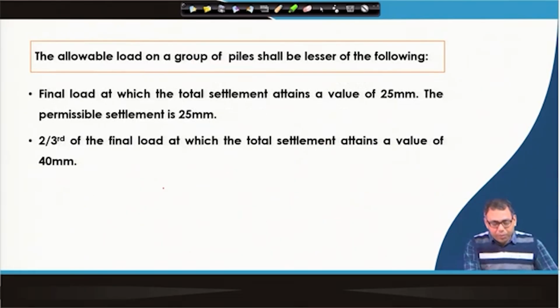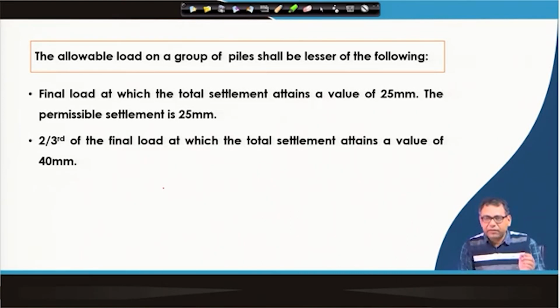Now for the group pile, the criterion is the final load at which total settlement attains a value of 25 millimeter. If nothing is specified, then 25 millimeter is the permissible settlement for the group pile, or 2/3 of the final load at which total settlement attains a value of 40 millimeter.